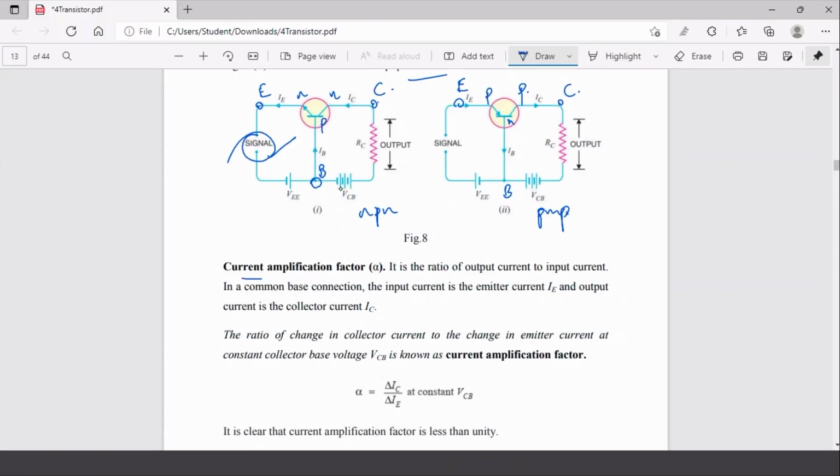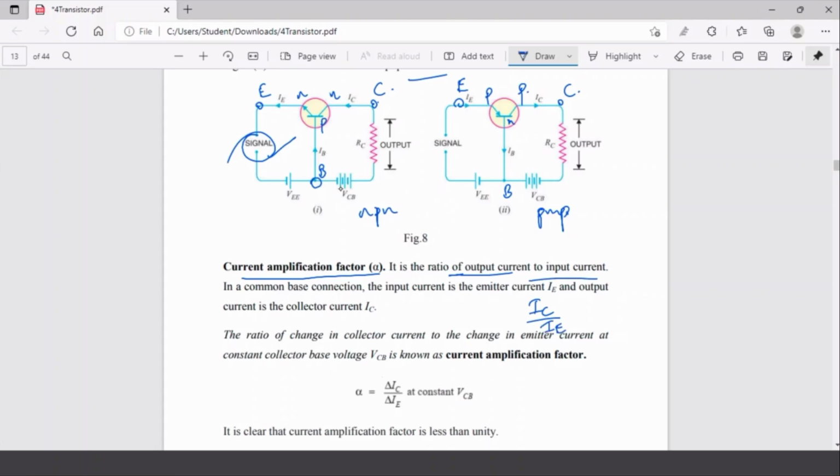The current amplification factor is represented by the symbol alpha. It is the ratio of output current to input current. What is the output current here? IC, the collector side. Input current is basically the emitter current.